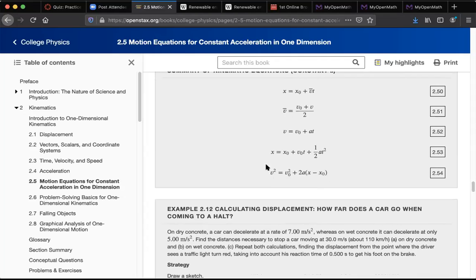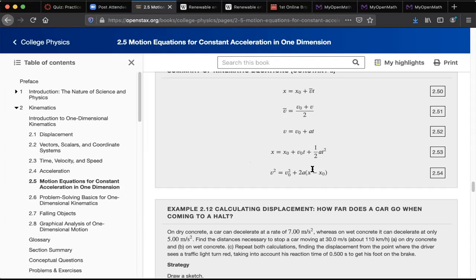It's probably most straightforward to just use this one here at the end, because it has the initial and final speeds squared. It has the acceleration, and then it has this quantity, which is the distance that it travels from start to finish. And this is what we're going to solve for.